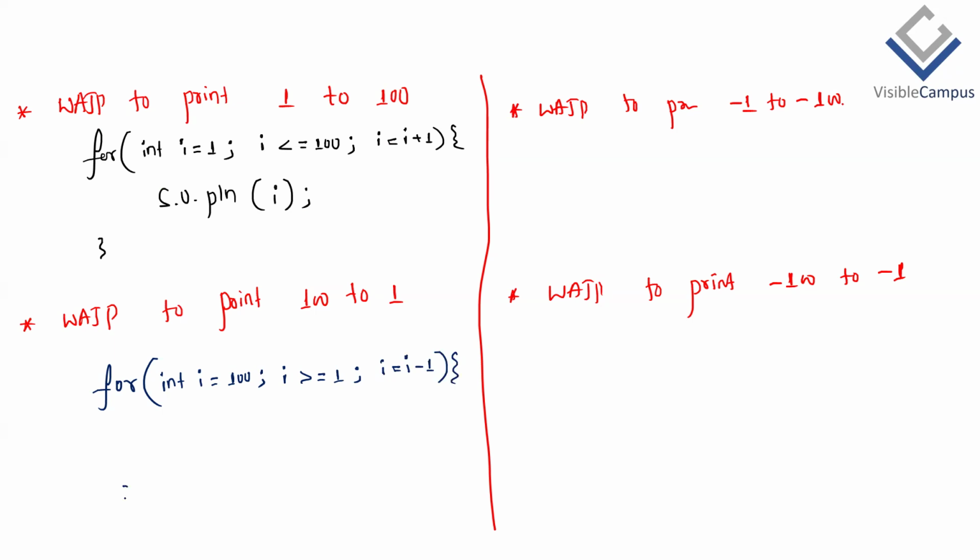Then the loop body prints the i value. Is this correct? Yes. Correct or incorrect?